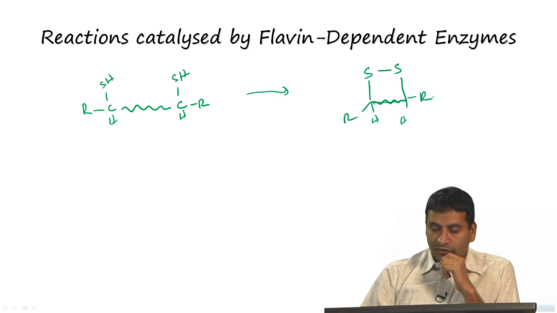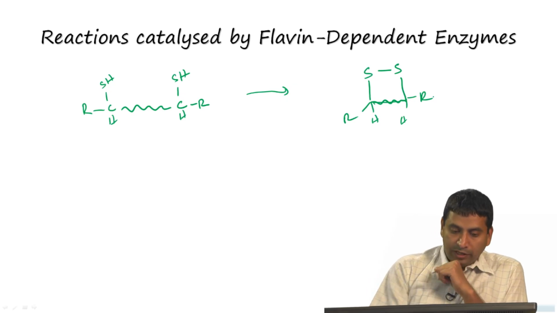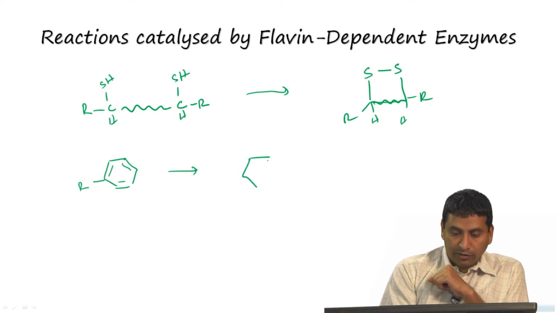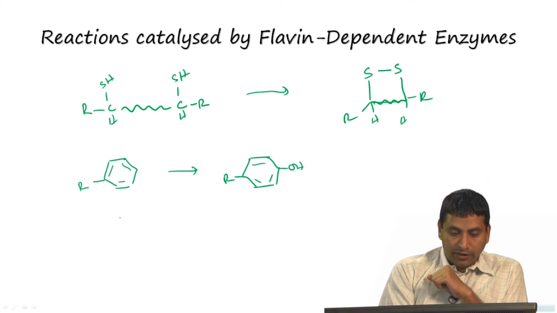Okay. So, this is the next one possible. Flavin dependent enzymes also can oxidize benzene rings to give you the corresponding phenols. We have already looked at this in the previous lecture, and also the oxidation of phenols to catechols is also possible.